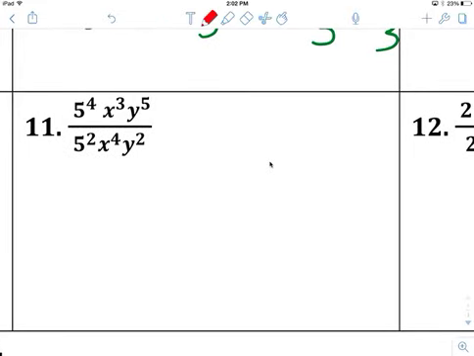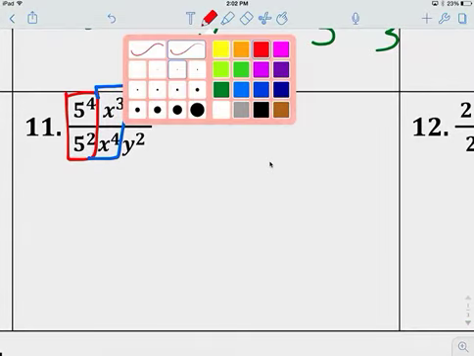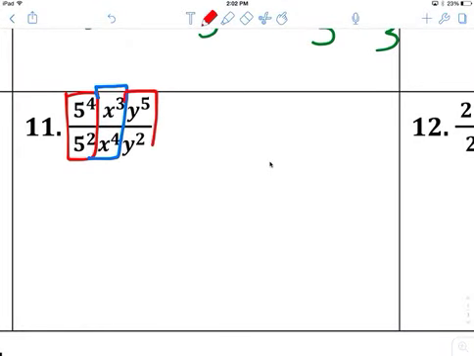Okay, so here you got 3 problems. 1, 2, 3. Okay, so 5 to the 4th minus 2 minus 5 to the 2nd, because it's division.